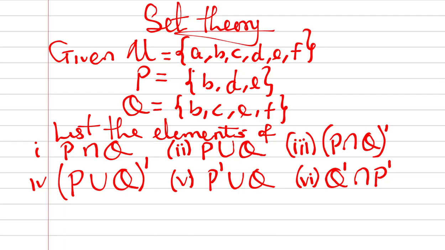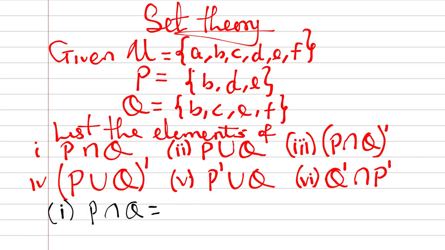So I will manage this place so that I do not have to take you to another page. All right, so let's do this. The first question says we should find P intersection Q. What does that mean? Intersection means what P and Q have in common. What P has and Q also has.